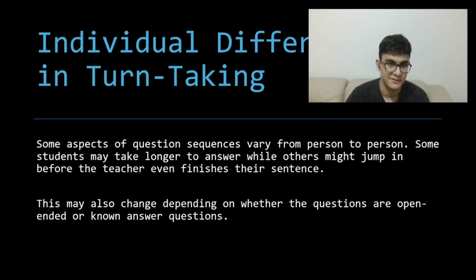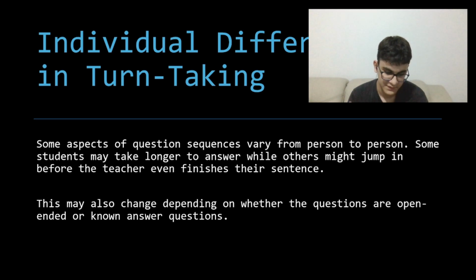Next, we have individual differences in turn taking. Some aspects of question sequences vary from person to person. Some students may take longer to answer, while others might jump in before the teacher even finishes their sentence. This may also change depending on whether the questions are open-ended or non-answer questions. Every student has their own different learning styles.